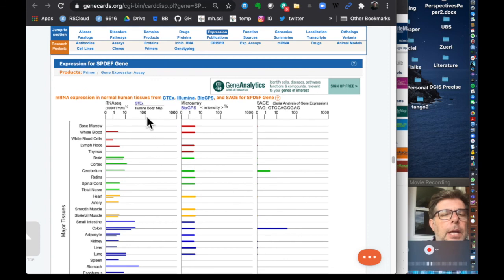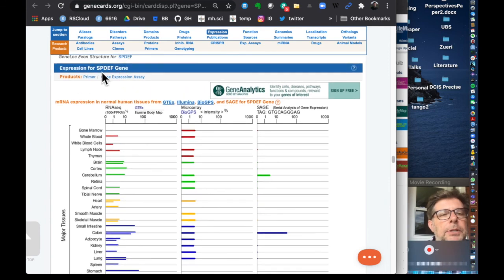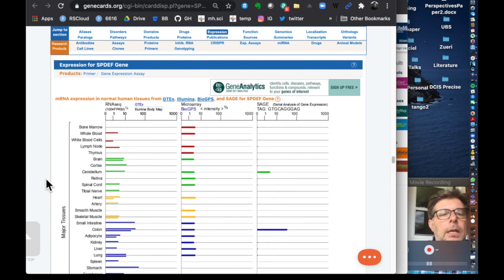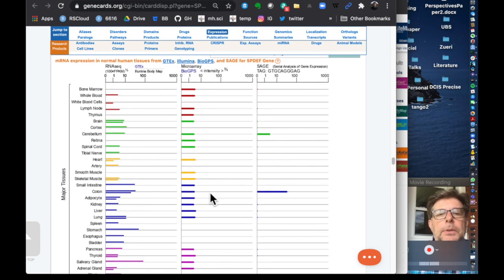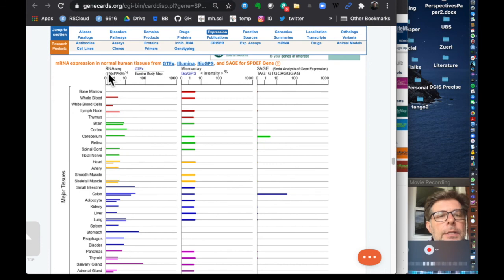So you can see here, this is the expression for this gene across different tissues in human. So you see, for example, this is RNA-seq, microarray, which is a bit older, and SAGE, which is ancient. But you can see that it's pretty ubiquitously expressed in almost all tissues, maybe not the thymus, although the microarray suggests maybe it is.